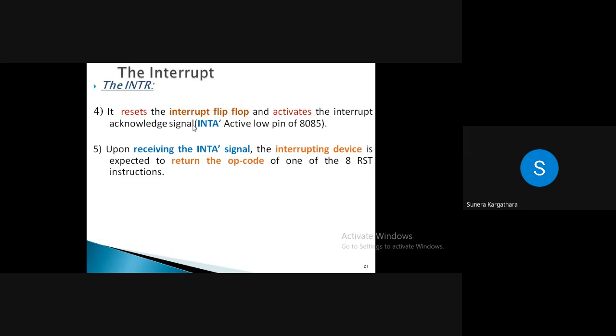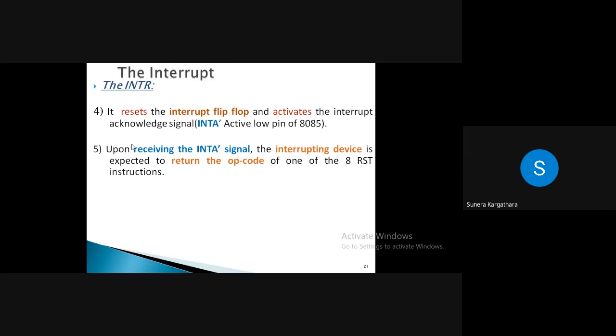What does that mean? For example, an interrupt is available on the INTR pin. The processor came to know that there is an interrupt on the INTR pin. So what it will do is disable that INTR interrupt enable flip-flop and send the signal to the peripheral through acknowledgement, right?